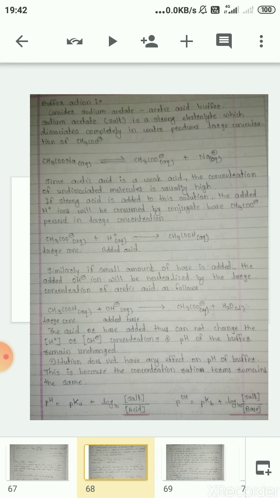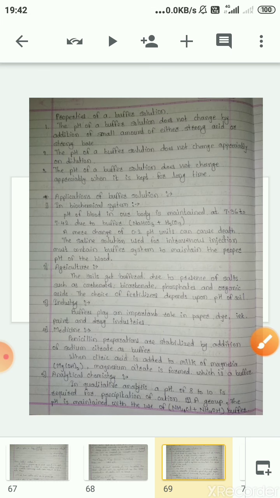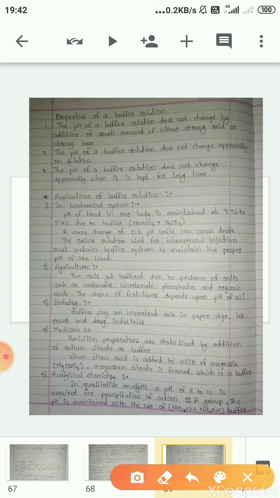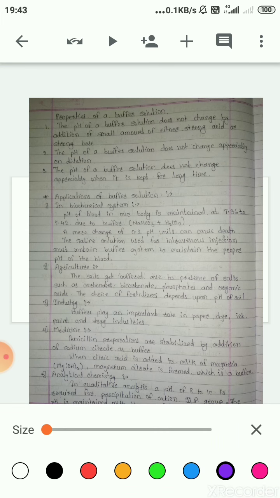Next, we are going to see the characteristics of buffer solution. In the definition of buffer solution, we have seen two characteristics. The first one is that the pH of a buffer solution does not change by addition of a small amount of strong acid or strong base.